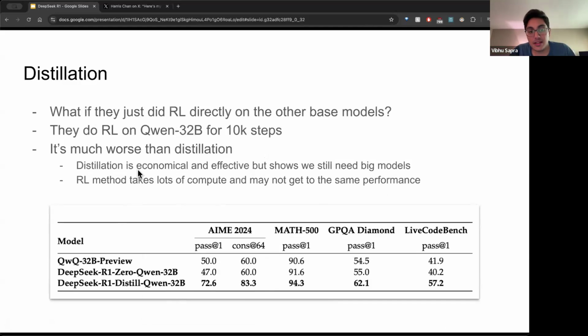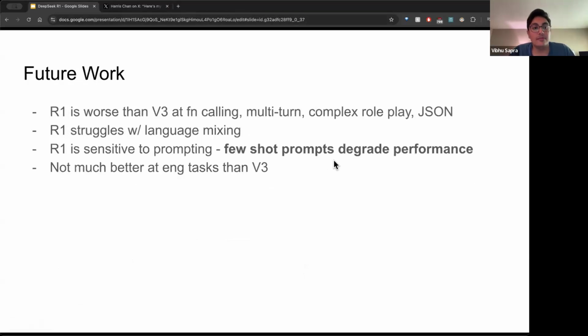So basically their takeaway is, RL takes a lot of compute, it's hard to do, and it doesn't get the same performance as this distillation. So maybe in the future we still need these big models. But distillation worked very, very well compared to their RL on a 32B. I'm sure other people will go deeper into this, try it, and update us on how it does.